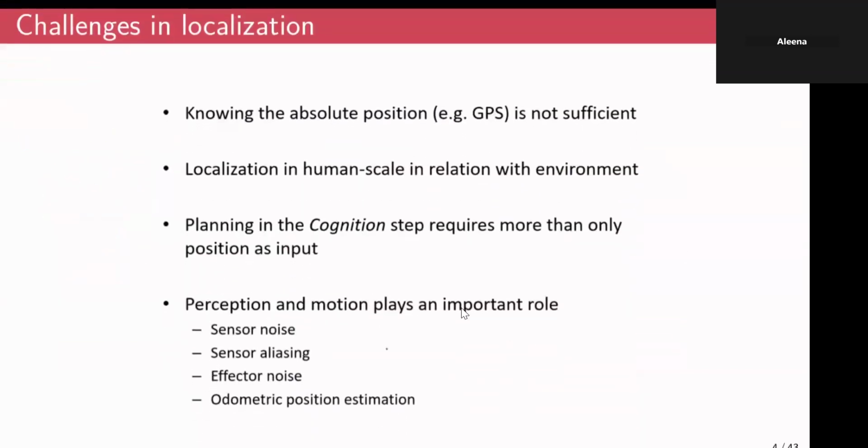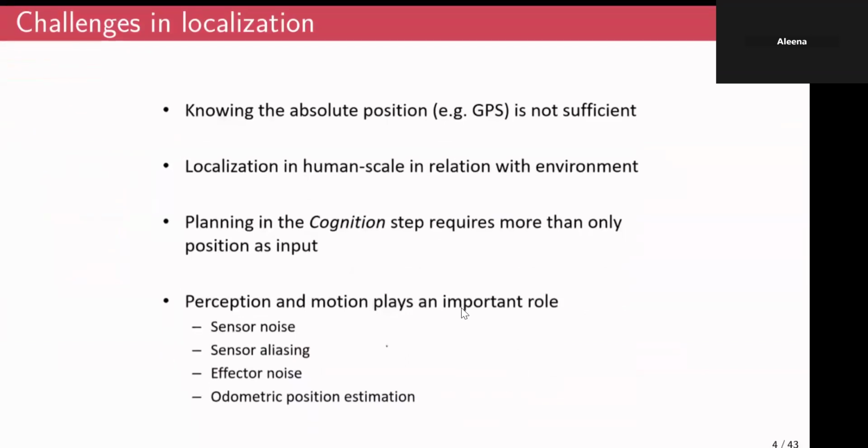So, what are the challenges faced by localization? The first is knowing the absolute position. A GPS is not really sufficient, right? Because a GPS's uncertainty is pretty huge. It cannot pinpoint you by exact millimeters or even by feet, right?